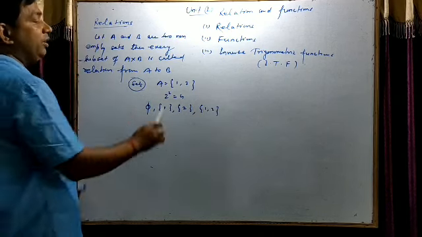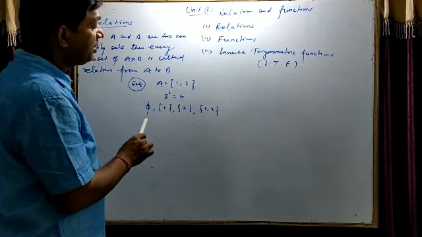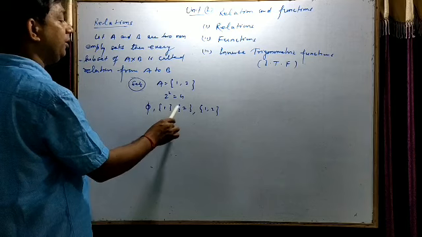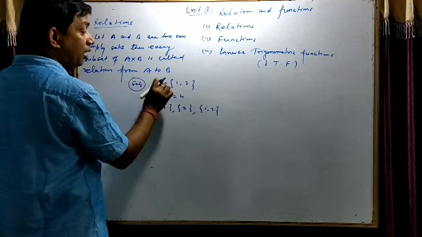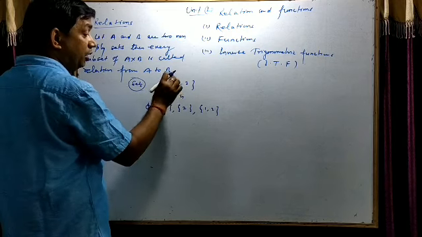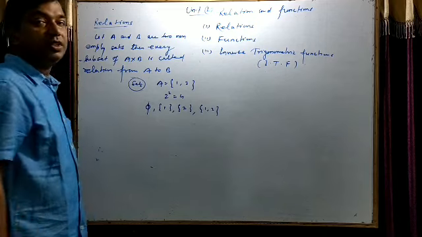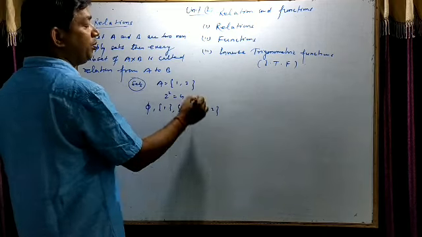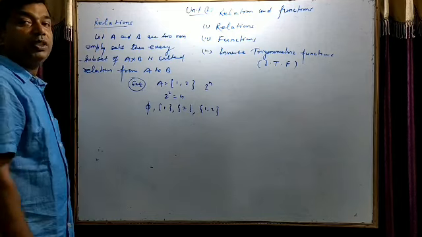So when this set contains 2 elements, all the possible subsets are 4: empty set, {1}, {2} and {1, 2}. So if you have the number of elements present in a set, then we can say how many possible subsets there are. That is the formula 2 to the power n, where n is the number of elements present in a set.